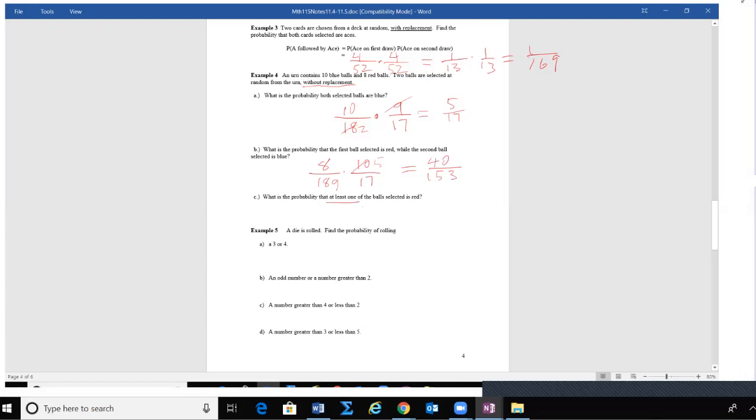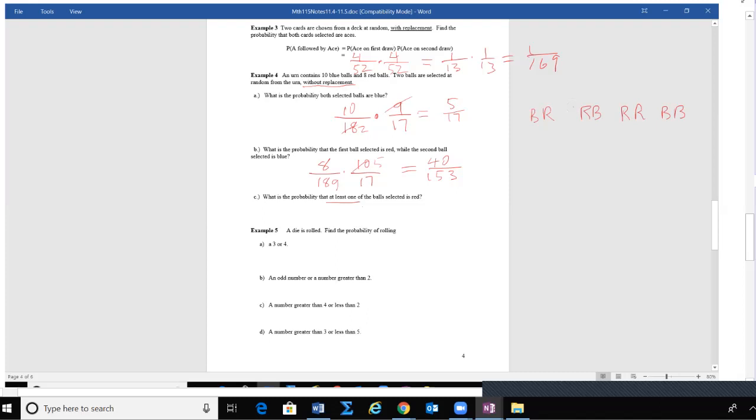When you think about it, let's look in the margin here. You're selecting these 2 balls. Now, the only things that can happen are you have a blue with a red, possibly a red with a blue. You might have 2 reds, or you might have 2 blues. So those are the only things that can happen.